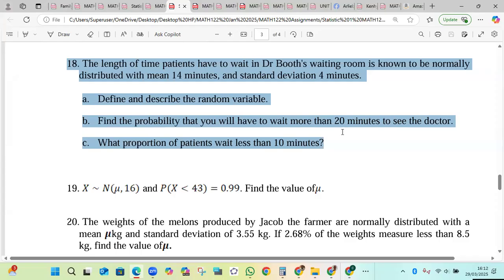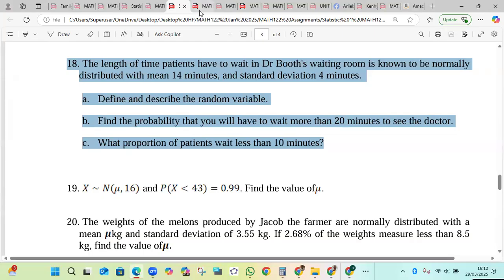So 20 is clearly more than 14, and you'll be shading towards the right. So that appears to be a right tail. You have to start at 20 and shade towards the right. 20 is already more than 14. You are on the right and you're shading towards the right. You will end up shading a tail. So your final answer will be less than 0.05.